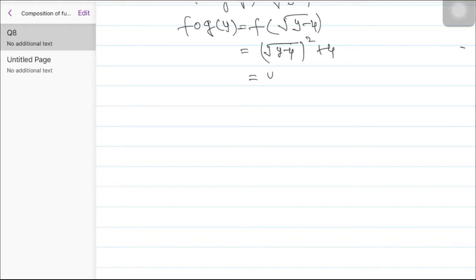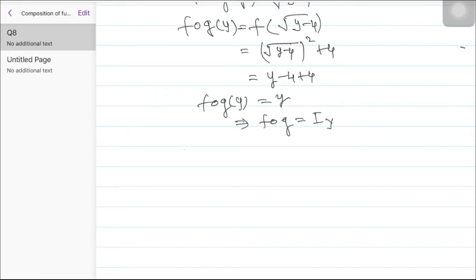Now it will become y minus 4 plus 4, and this plus 4 and minus 4 will get cancelled. You will get only y. So fog of y is equal to y. This implies fog is equal to iy, identity function for y.